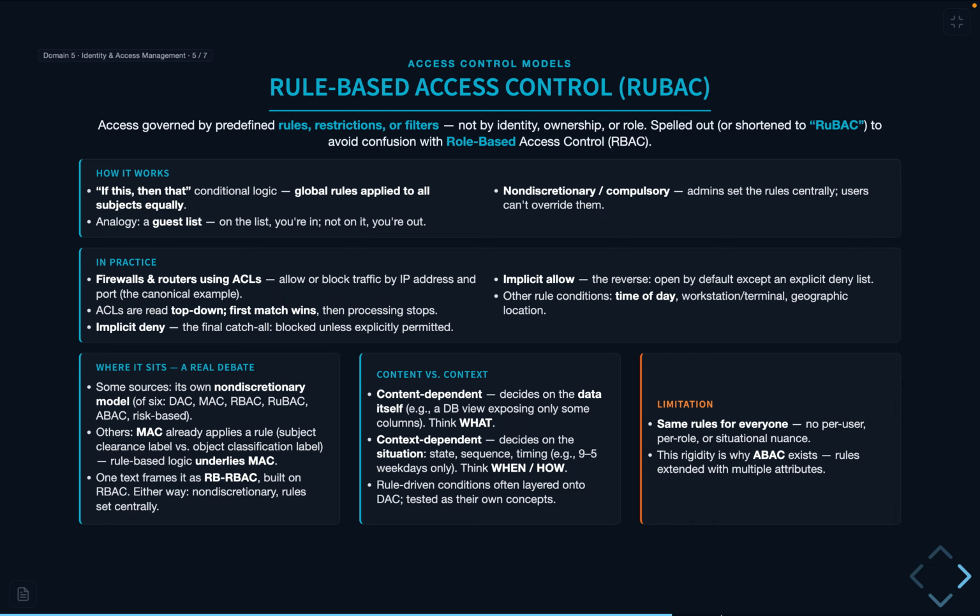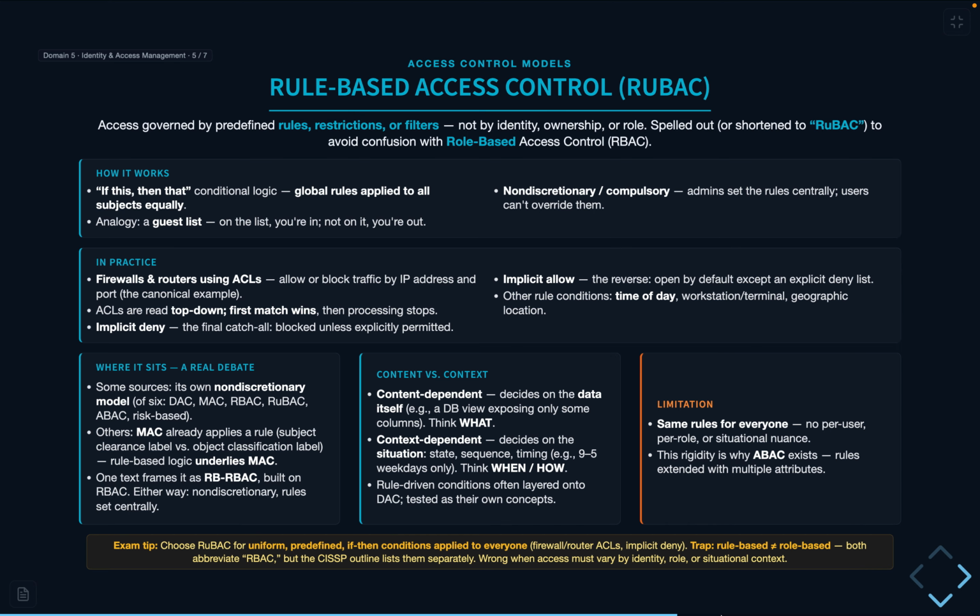Therefore, there is a new model, the attribute-based access control model, which I will discuss in the next video, which extends rules with multiple attributes. So if a condition demands uniformity or predefined rules, and if-then conditions, then you select this rule-based access control model, like the ACL of firewalls, and if you want to implicitly deny anything or allow anything.